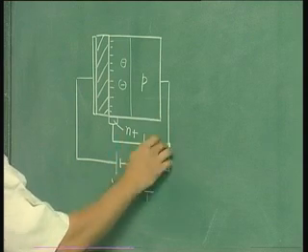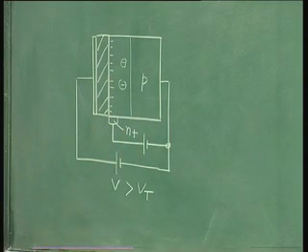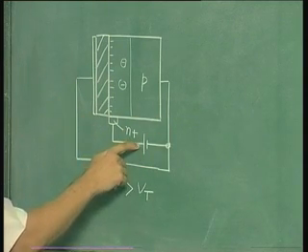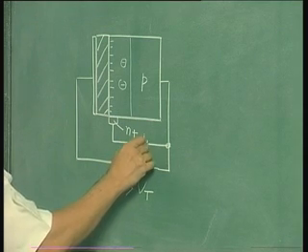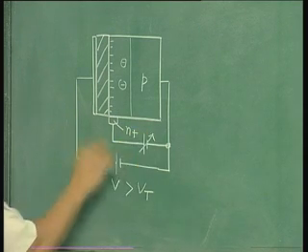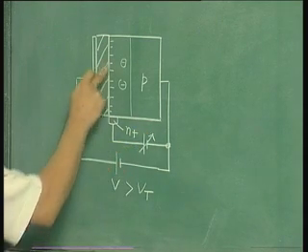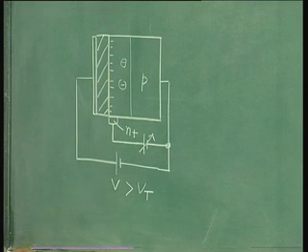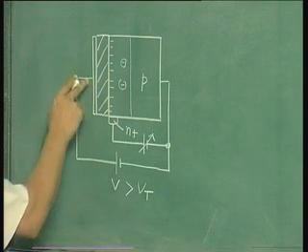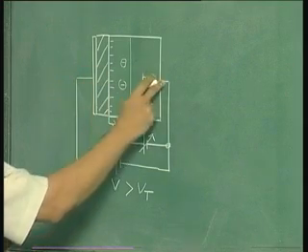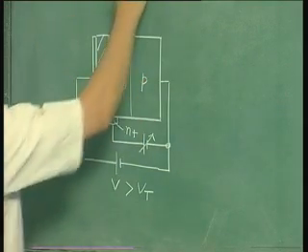This bulk point is being taken as a common for both gate as well as for this particular contact. We want to see if you vary this voltage, what effect will it have on the charge here. That is why this is called a 3-terminal MOS capacitor now. You have this terminal and this is the third terminal.